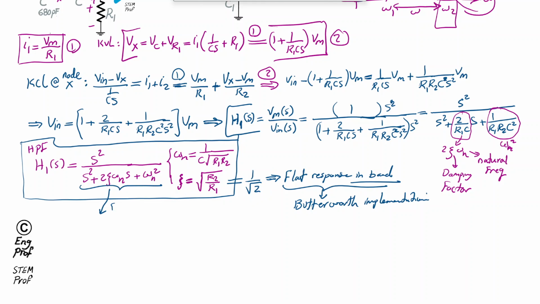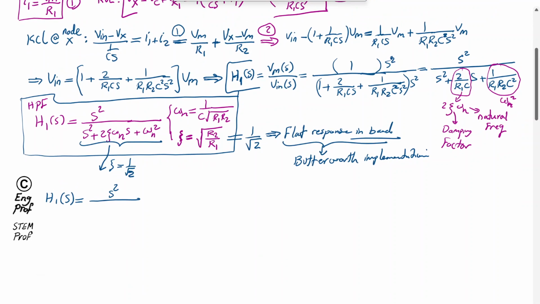So if we set zeta to 1 over square root of 2, which is a slightly underdamped scenario, H1 of s becomes s squared over s squared plus root 2 omega n s, and then plus omega n squared. And then if we substitute s with j omega to find the magnitude response, you will find quickly that the response looks like this.